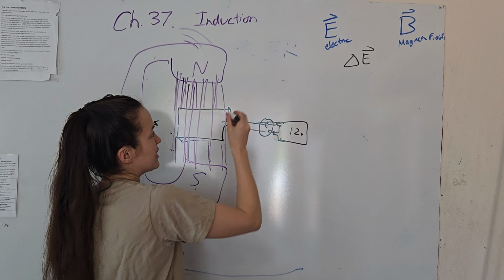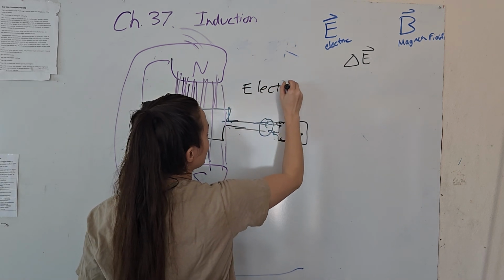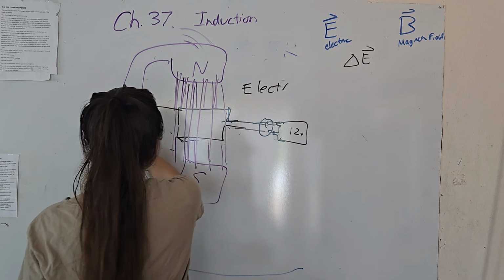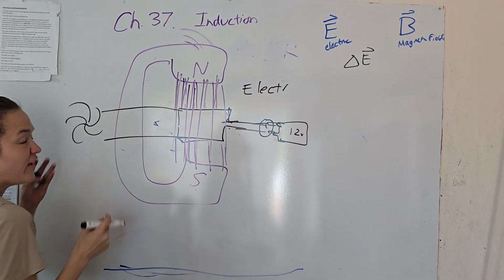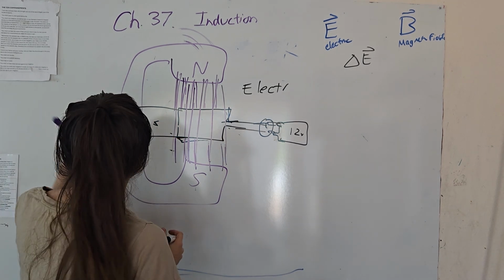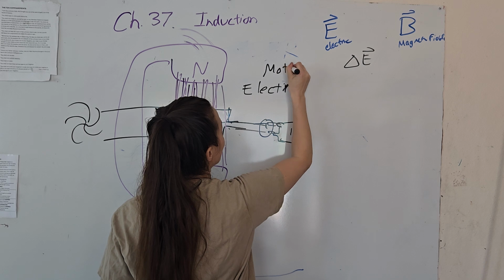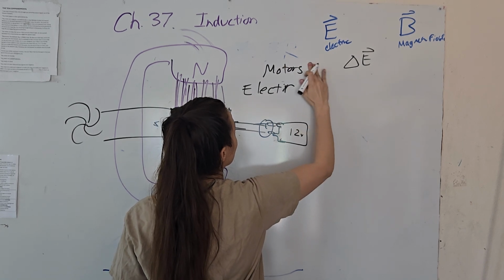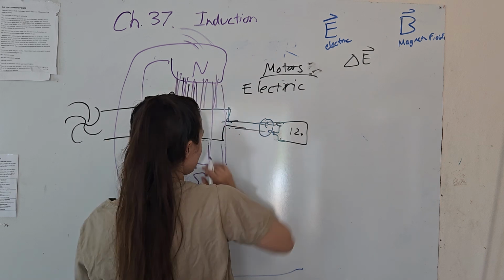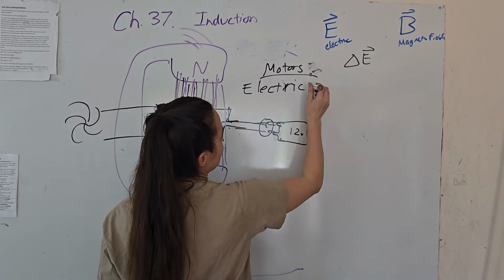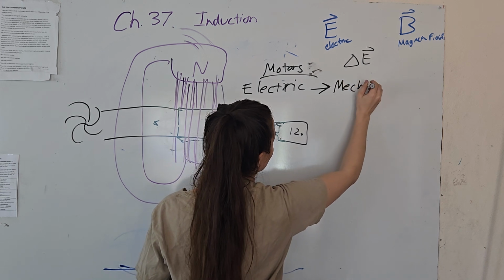So what a motor is doing, it's turning this guy, and usually this guy is then connected to your food processor blades, or your ceiling fan, or something like that. So what motors do is they're turning electric energy, or the magnetic and electric energy, into mechanical work, mechanical energy.